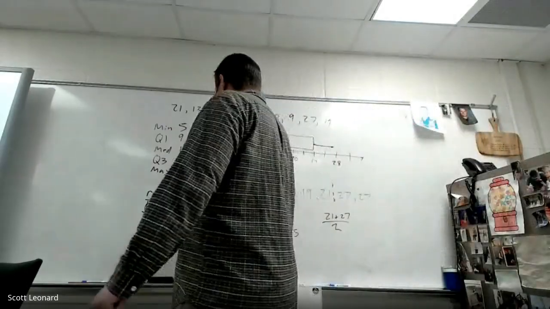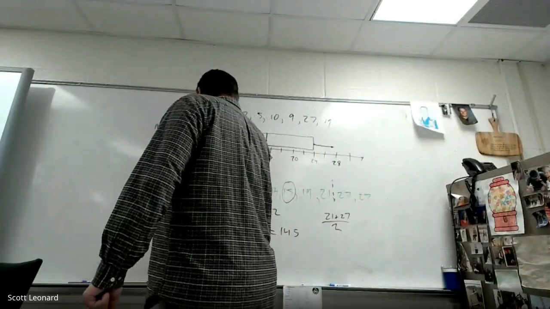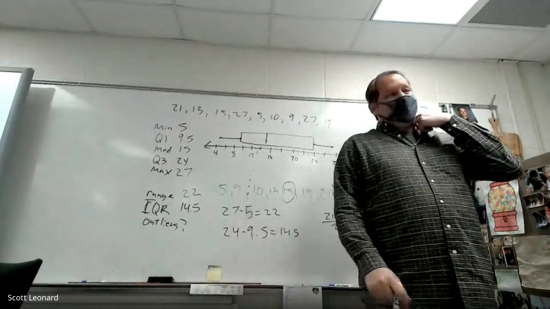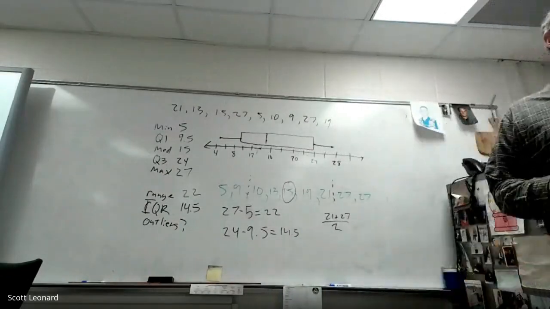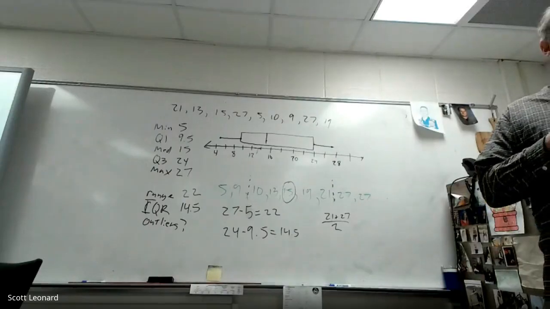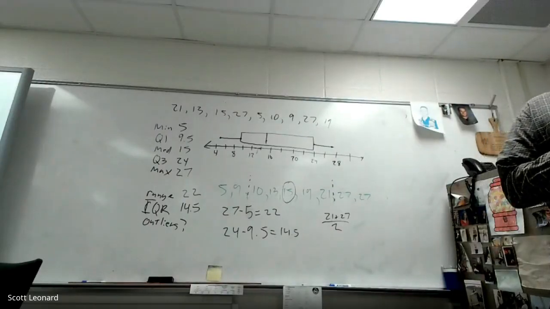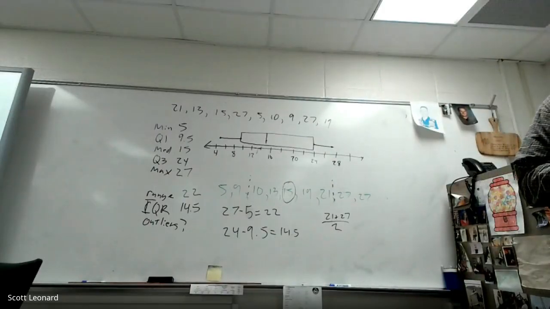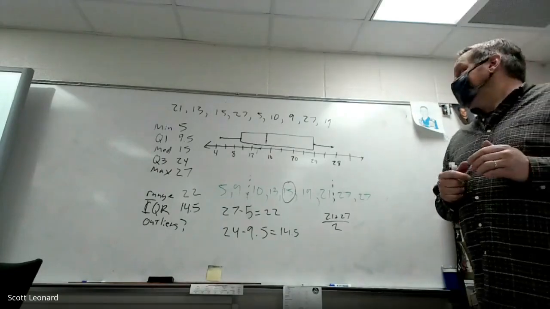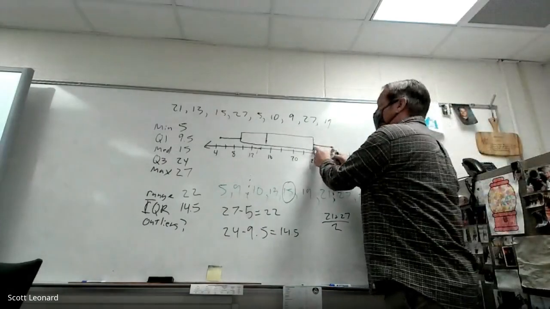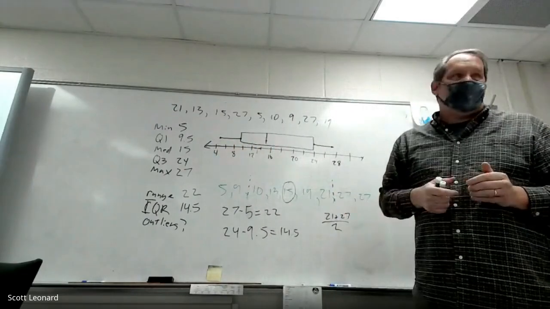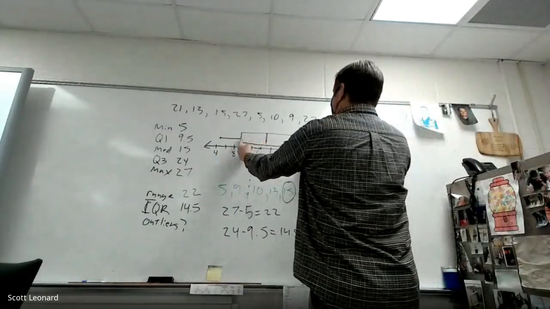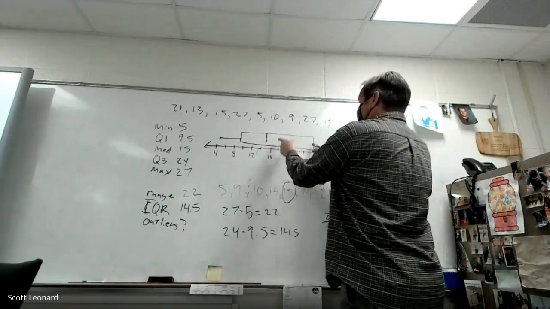All right. Now, before I do outliers, I want you to think about it. Just by looking at the graph, do you think you're going to have outliers? No, why not? Too close together. Yeah. These little tails here are pretty short. If you have short tails, chances are you don't have outliers. This distance is way bigger than these little tiny ones here.